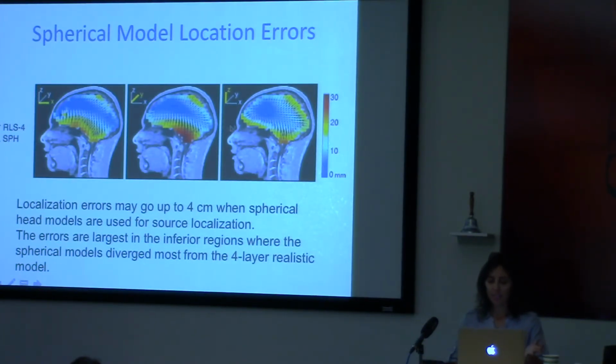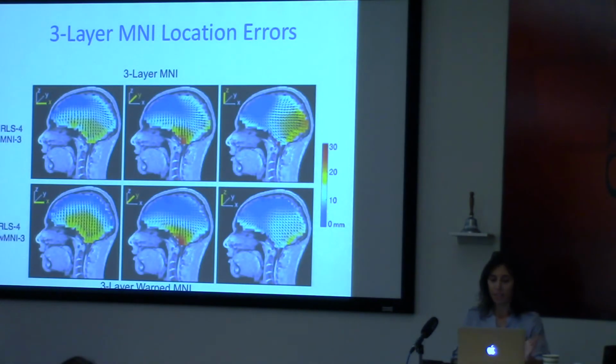And in the basal regions, the errors may go up to 3 centimeters. So this shows the magnitude. The color shows the magnitude of the error, and the arrow shows the direction of the error. Okay, so the spherical head model actually is not a very good representation of the head.